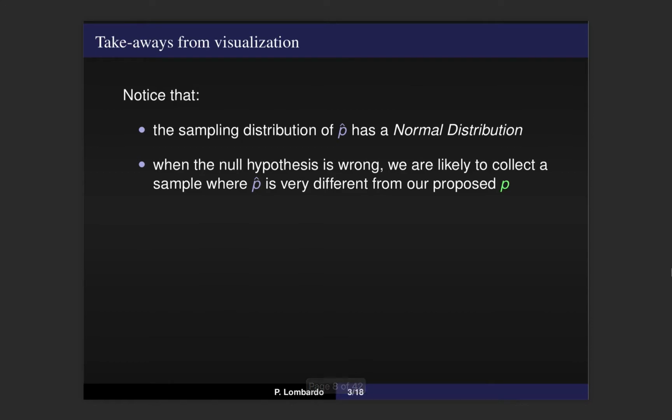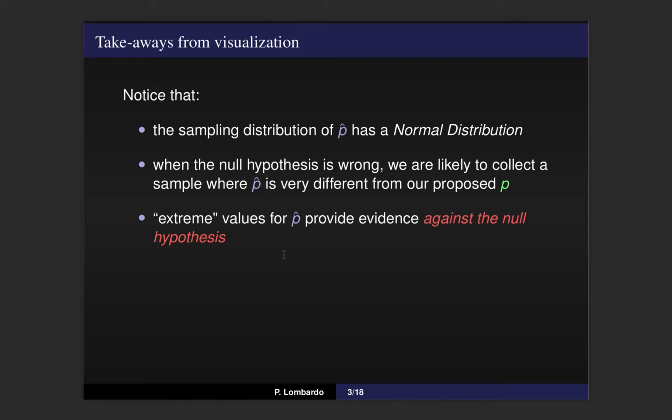The second thing that we notice is that if the null hypothesis is wrong, as it was in our visualization, we're likely to collect a sample p-hat from the actual population that's very different from the proposed population percentage. In other words, what we see in our data is going to be very different from what we propose in our null hypothesis.